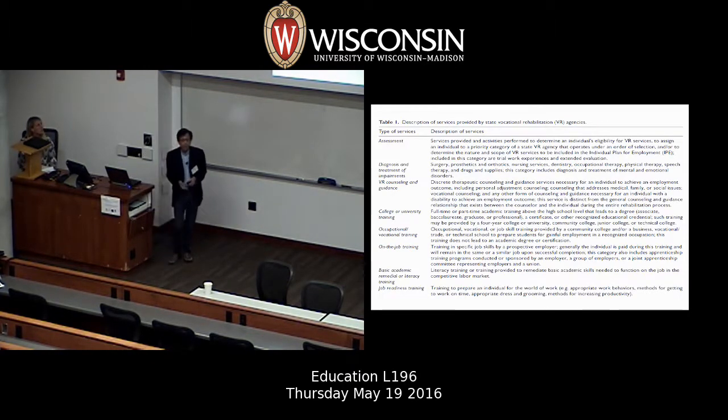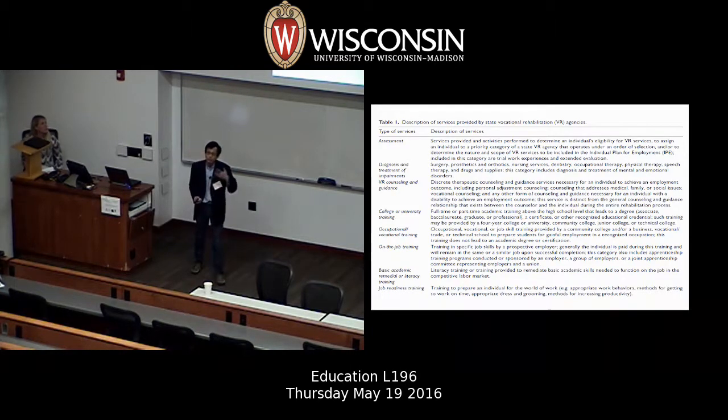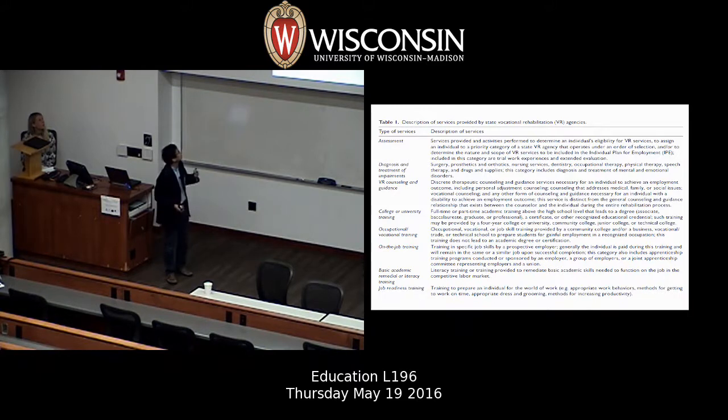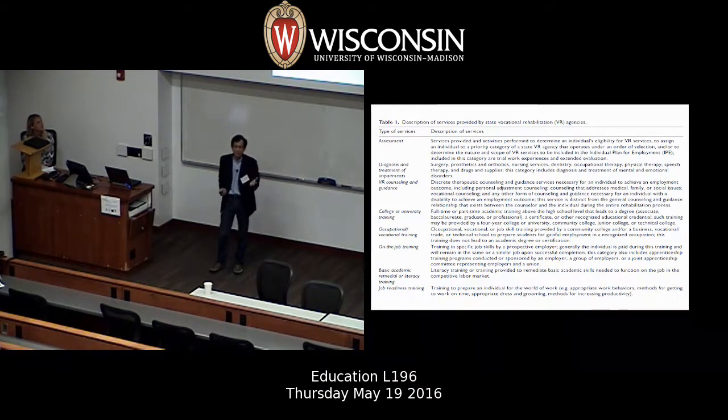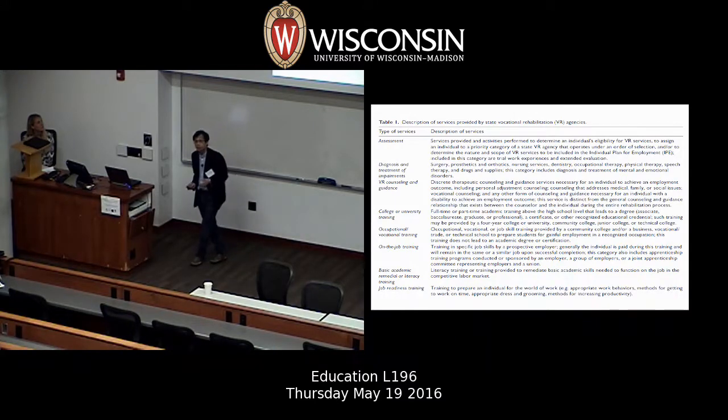They also have the 24 services, like assessment, diagnostic, college or university training, vocational training, on-the-job training, job placement, on-the-job support, supported employment, et cetera. So we know a lot about the cases being closed by you guys, and if we want to drill down to Wisconsin, we can, but most researchers tend to analyze the data in aggregate as a national data set.